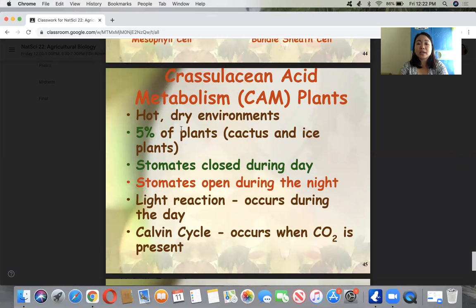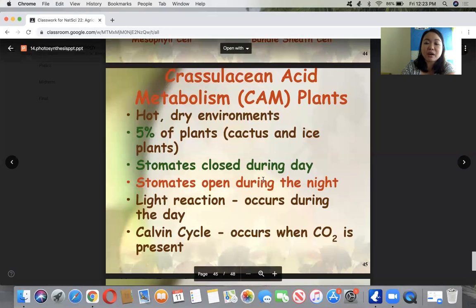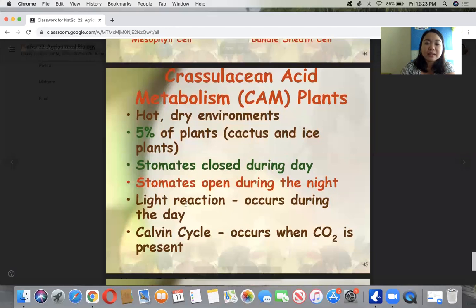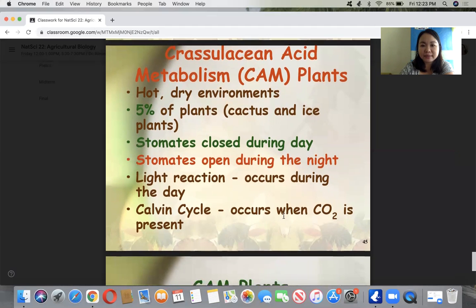They also occur in hot, dry environments and compose 5% of the plants, like the cactus and the ice plants. And again, the stomata close during the day, but they open during the night. They also undergo the light reaction during the day, and the Calvin cycle occurs when carbon dioxide is present, since they close during the day and open at night.